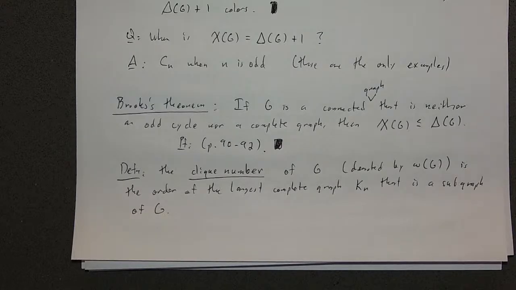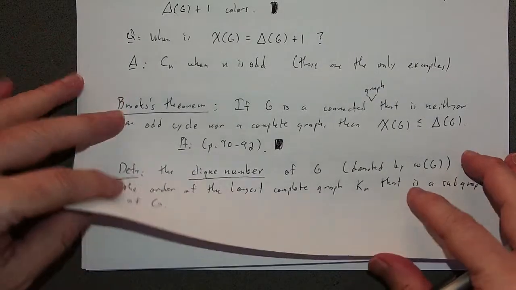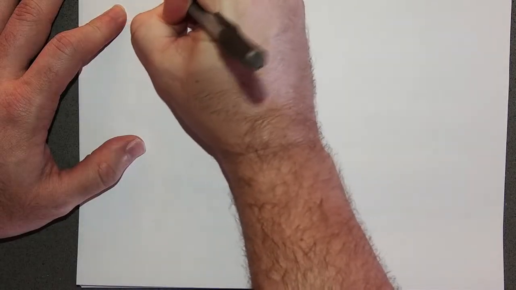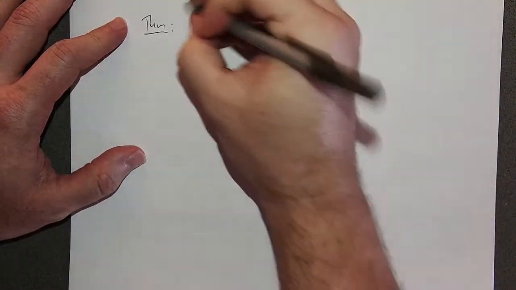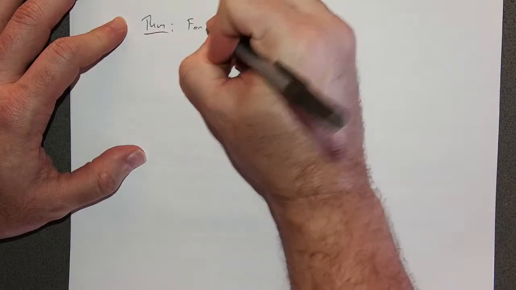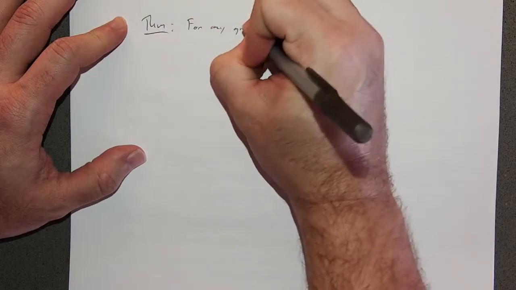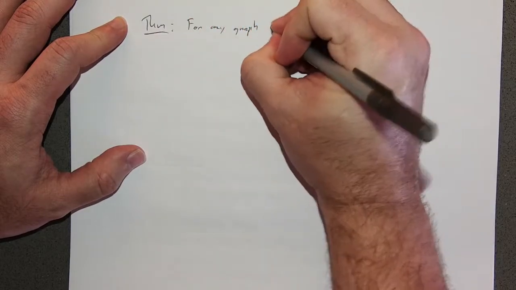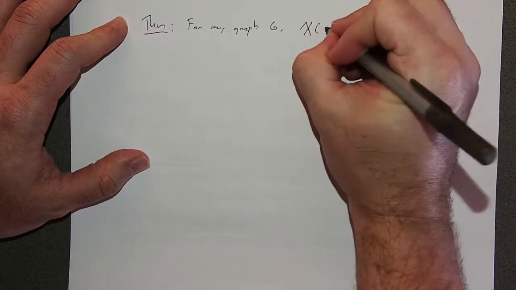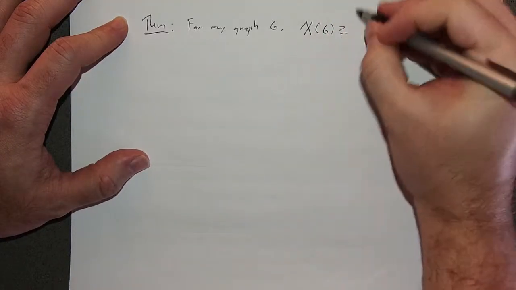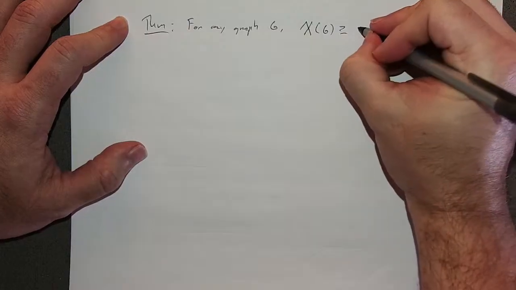So there is a quick theorem involving the clique number, which says the following, and you can think about why this is the case. For any graph G, the chromatic number must be greater than or equal to the clique number.